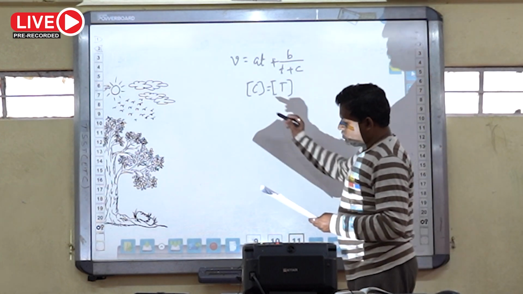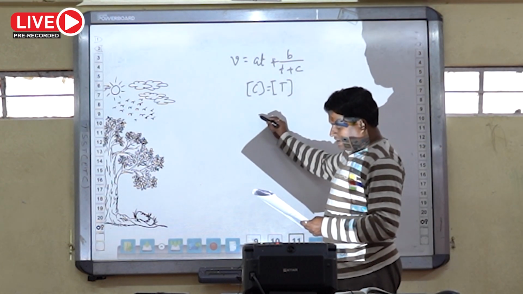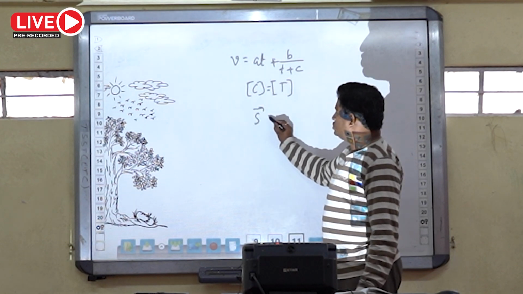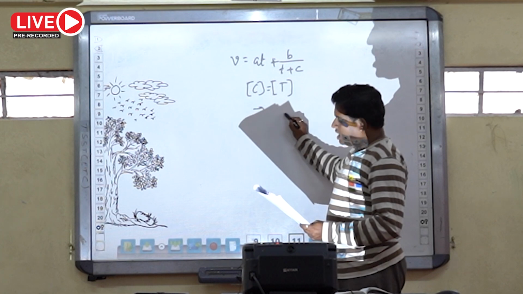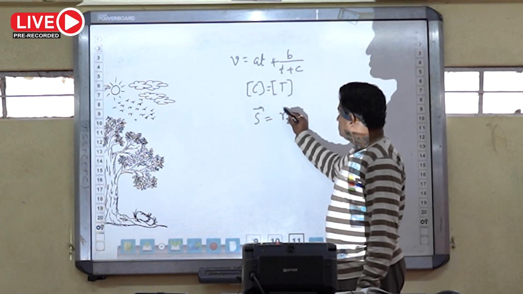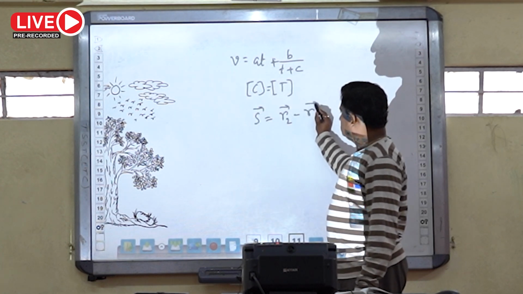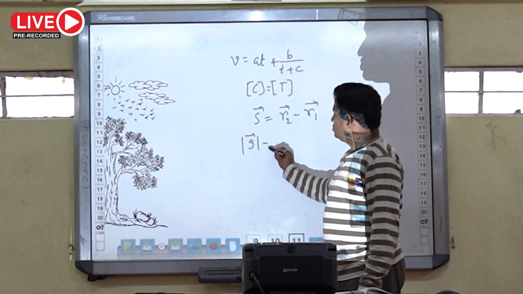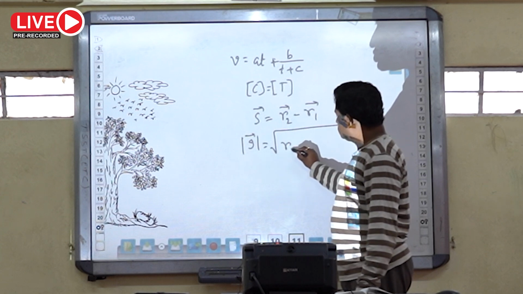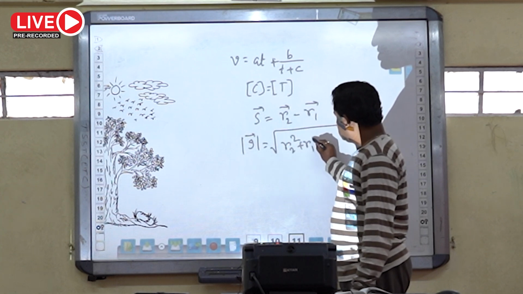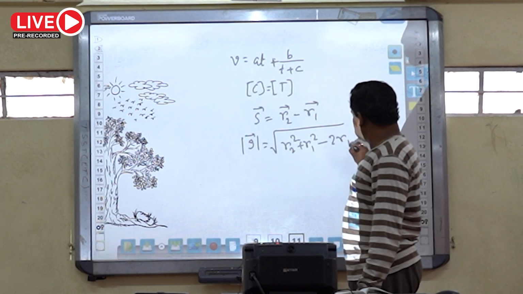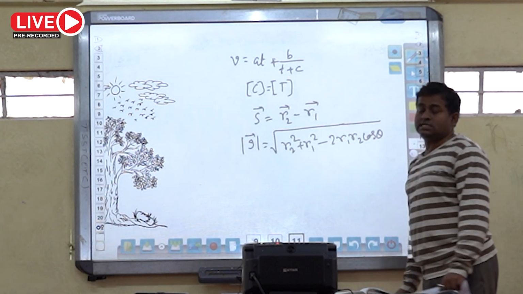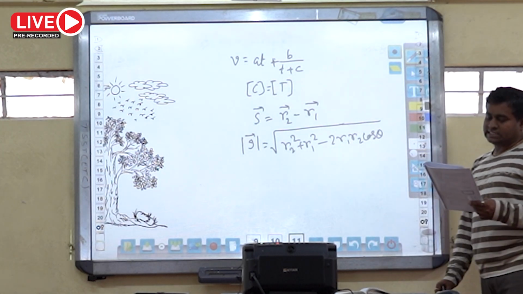So we are getting this equation: the displacement vector AB, S, is actually R2 minus R1. So its magnitude will be the square root of R2 squared plus R1 squared minus 2 R1 R2 cos theta. But theta is theta1 minus theta2, that is 60 degrees.